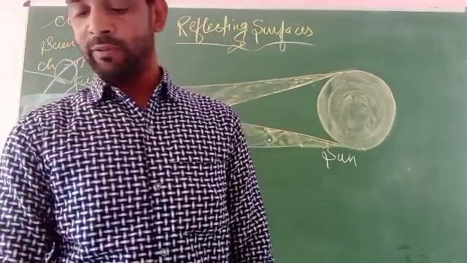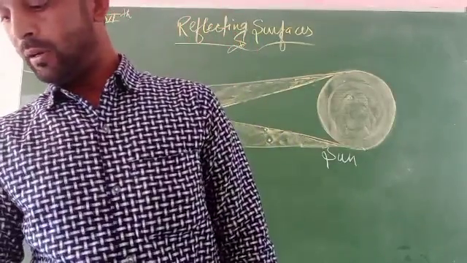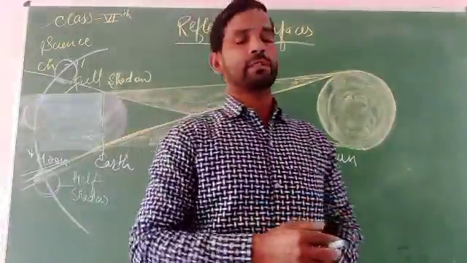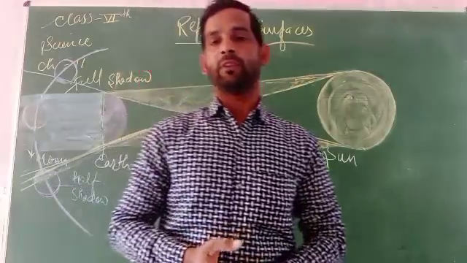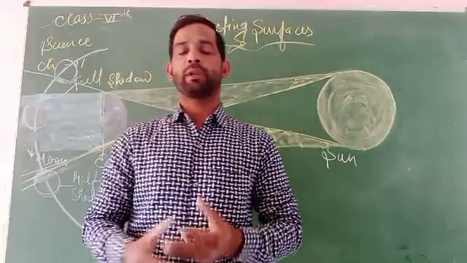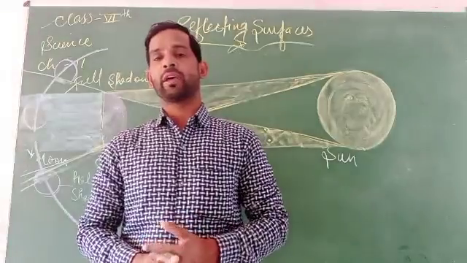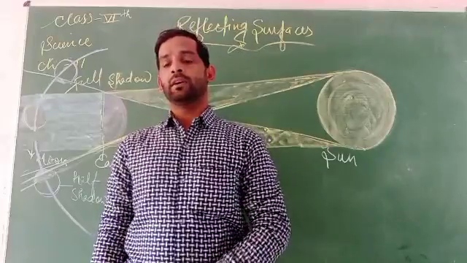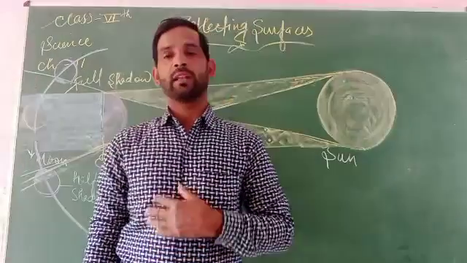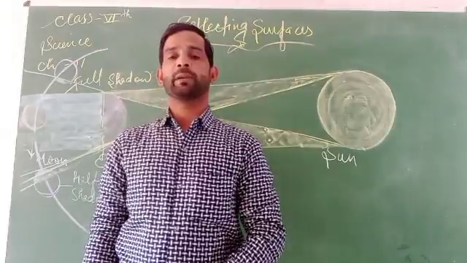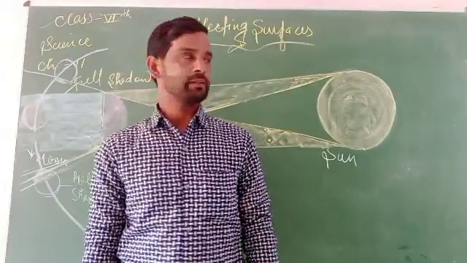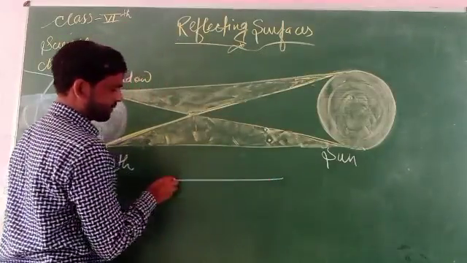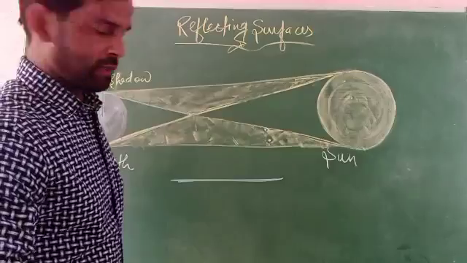What are reflecting surfaces? The surface from which the reflection of light takes place is called a reflecting surface: when the light falls on it, it does not make an impression and moves to the next direction. That type of surface is called a reflecting surface, and the light which turns back from that place is called reflecting light.